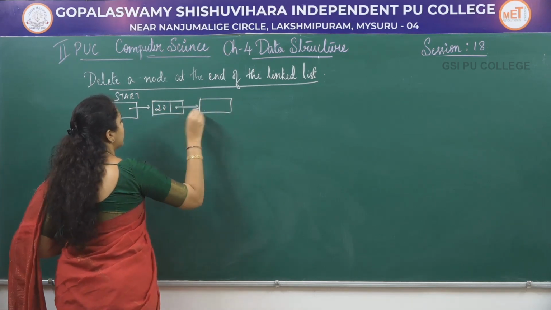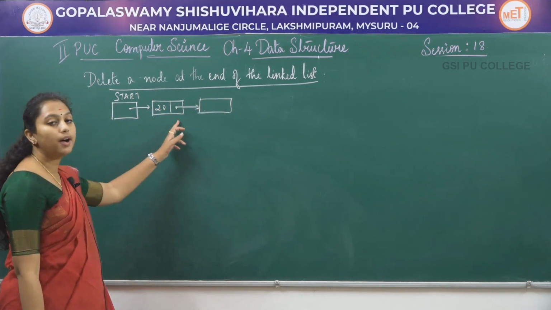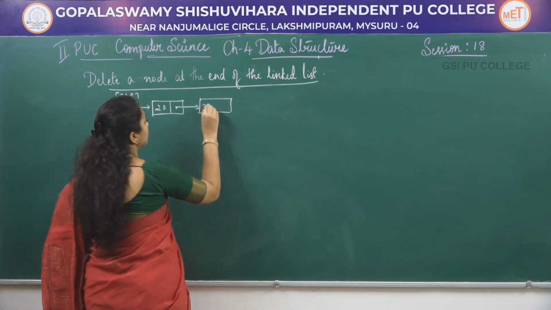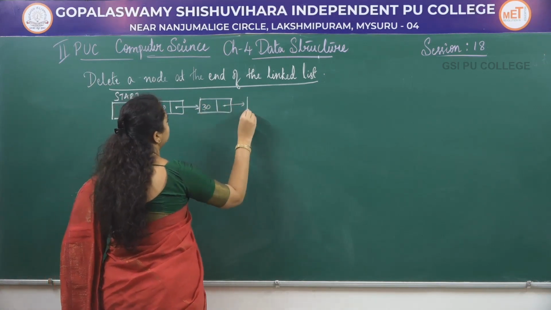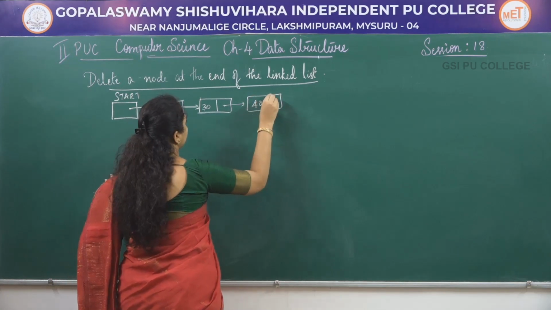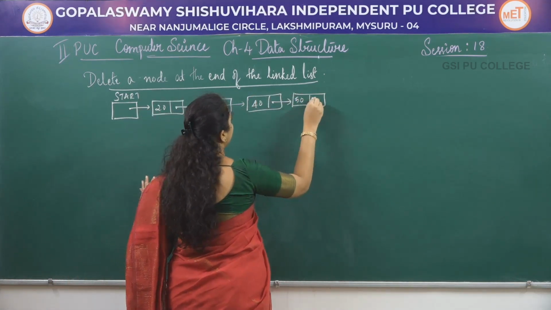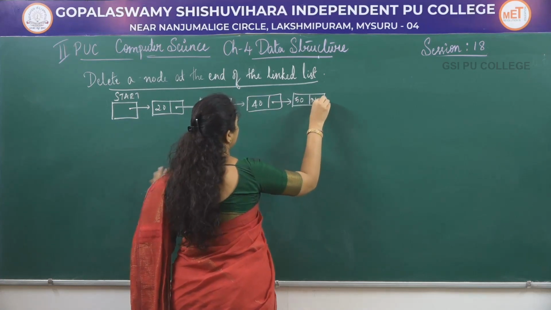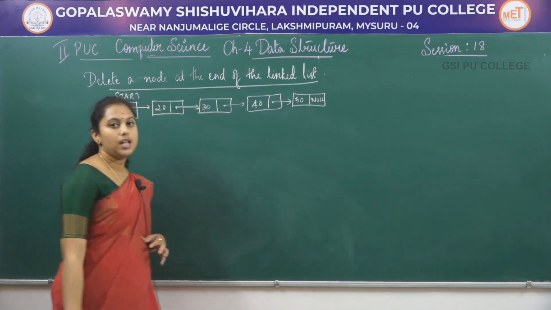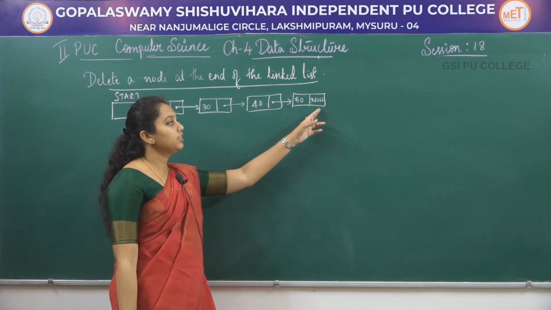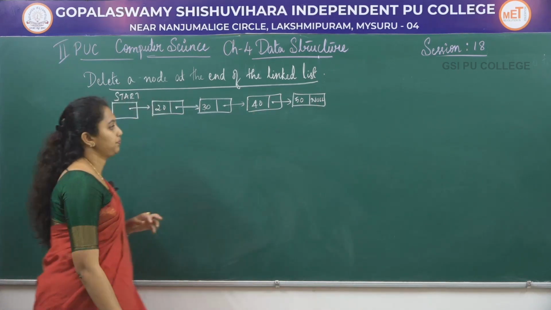This first node, in the link part, contains the address of the next node. This linked list contains 4 nodes, and the last node contains null in the link field.